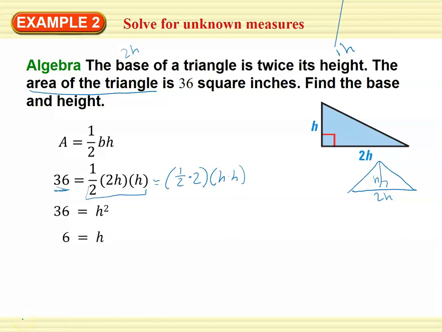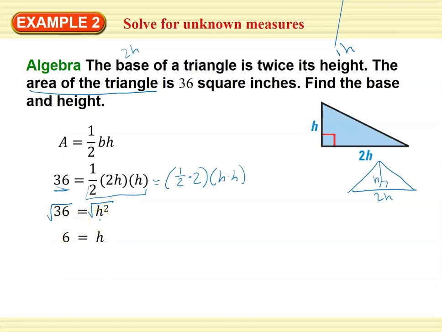Okay. If you don't recognize that right off the bat, that's okay. You would just need to get rid of the square by square rooting. And what you do to one side, you have to do to the other side. So you square root that, and square rooting a squared cancels it out, and then the square root of 36.